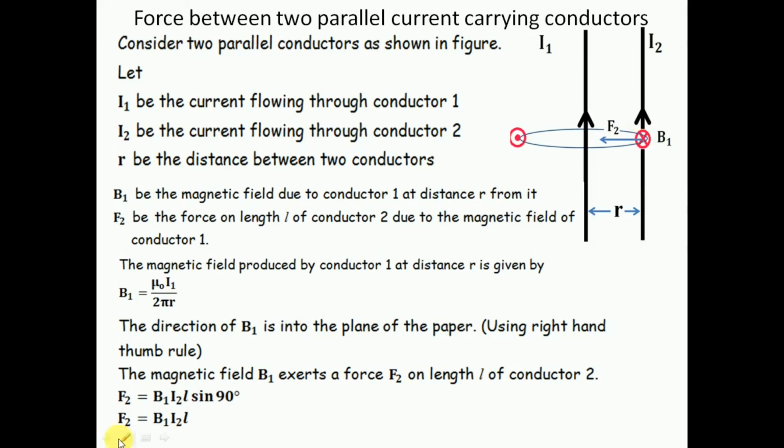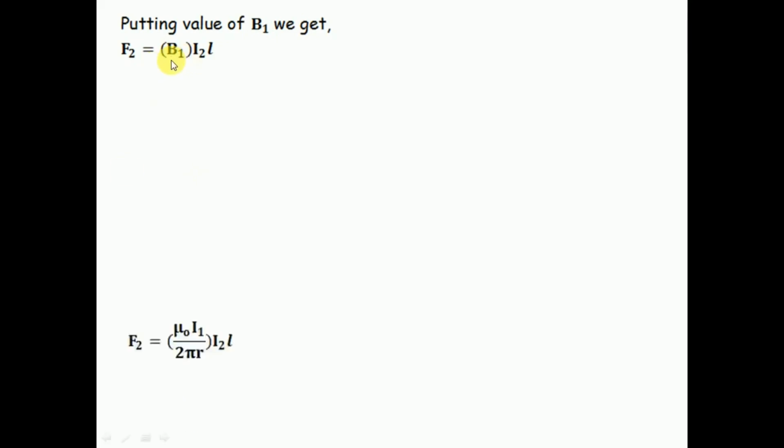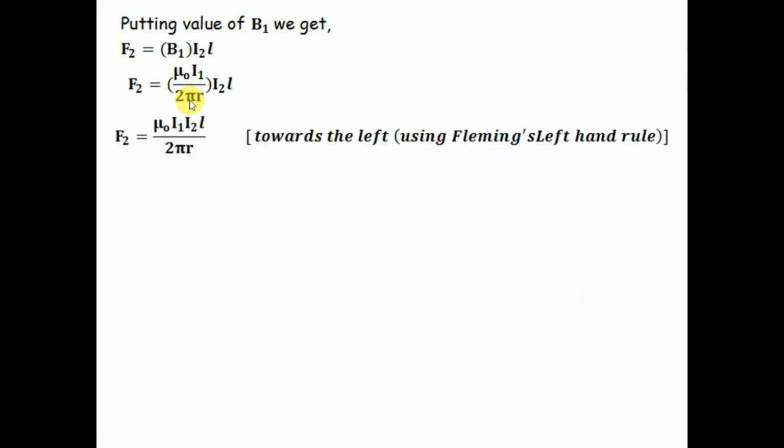So I can write F2 is equal to B1 I2 L. If you put the value of B1, that is mu naught I1 by 2 pi r, then you will get F2 equal to mu naught I1 I2 L by 2 pi r, and using Fleming's left hand rule the force is towards the left.